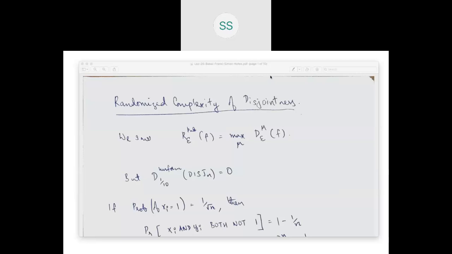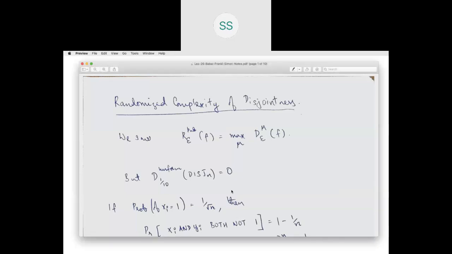Okay, so this is the next lecture. I want to talk about the randomized complexity of disjointness. We have seen the deterministic complexity of disjointness, which is linear, n plus one, and we have already seen a couple of places where we use that the randomized complexity of disjointness is linear.